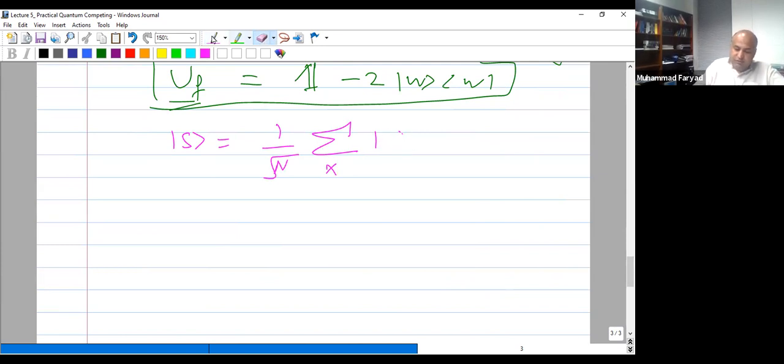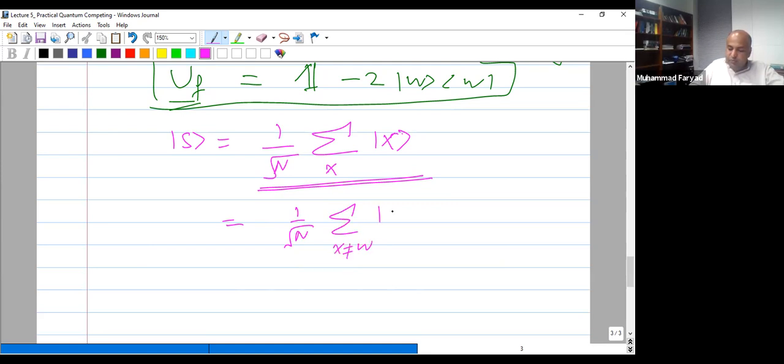This notation simply means the sum over all possible X. Now I am going to rewrite this state S in another way: let's separate out the term which is equal to W, which is a solution, from this sum, and write it separately.